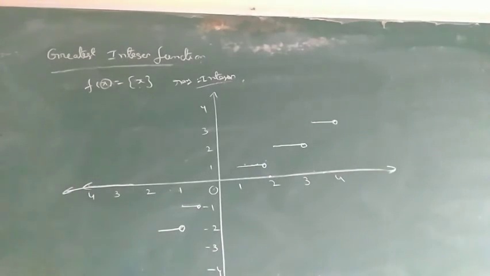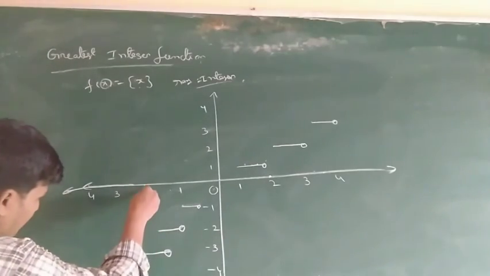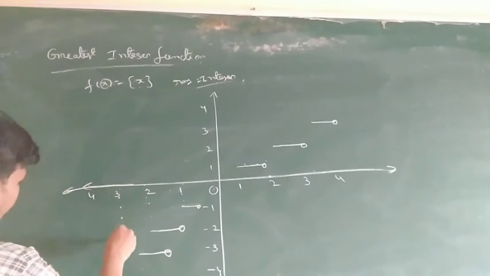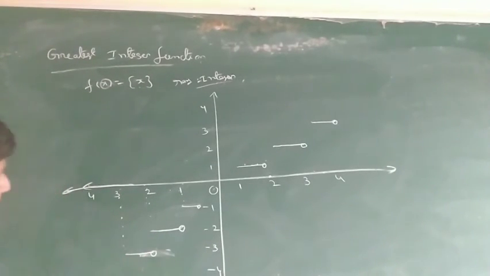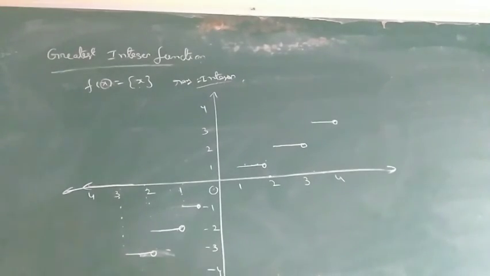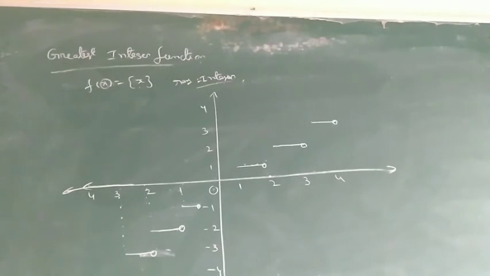Minus 2.1 is also minus 3, minus 2.2 is minus 3, step of minus 2.4 is minus 3. This is the graph, going 1 by 1.